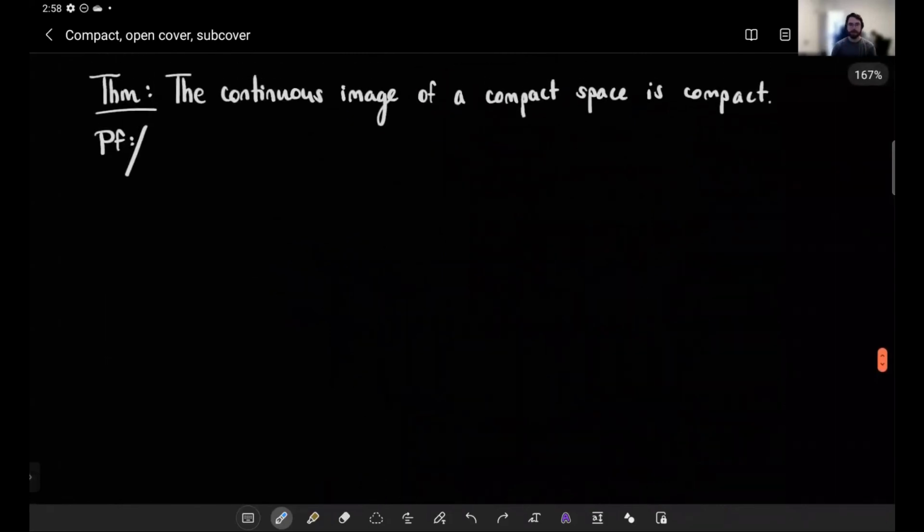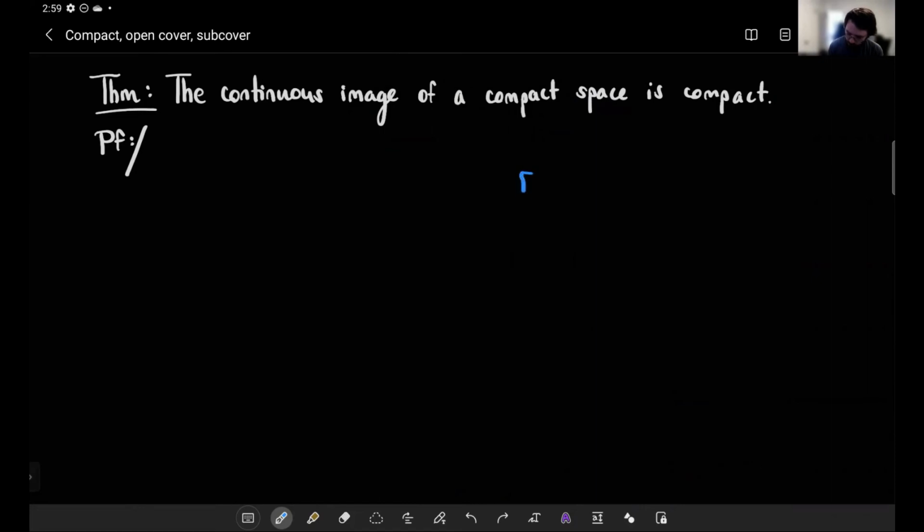We can take a continuous image of a compact space and show that it must be compact. How would we do that? Again, this should ring bells for connectedness, the fact that the image of a connected set is connected. Well, let's see. Continuous image of a compact space is compact.